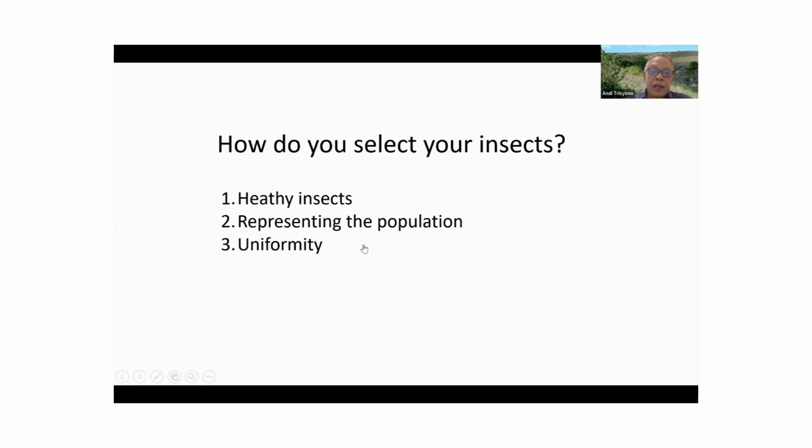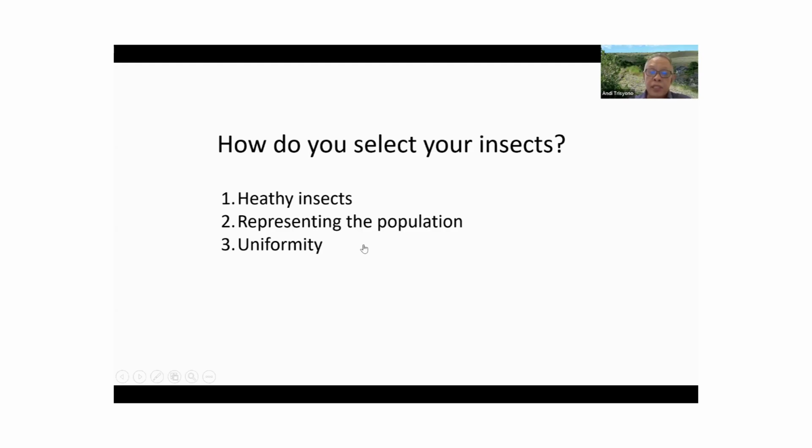Okay, so healthy insects are going to be very helpful, because if you are using insects for bioassay with different levels of healthiness, the variation is going to be very big, even variation within replicates, or even variation between populations.